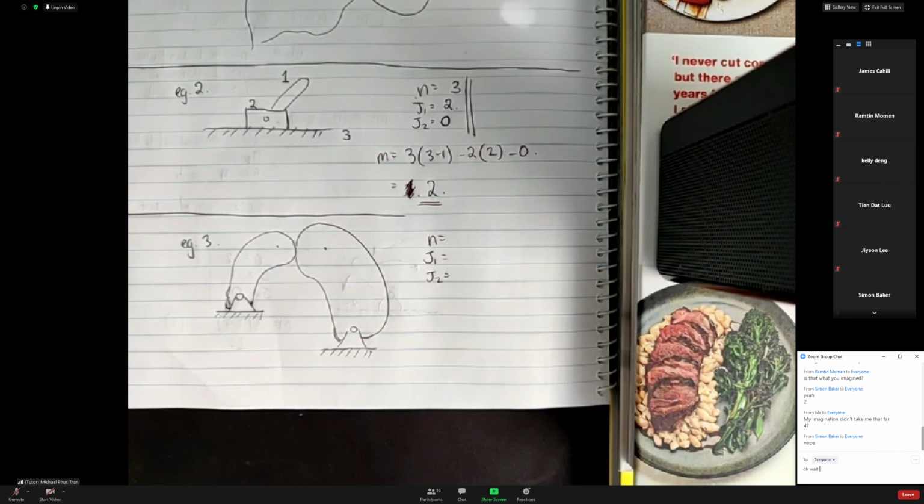Nope. So James, it kind of is 4, but you can imagine that these grounds are the same. Yeah, that's just one thing that you have to remember. All right, 3.